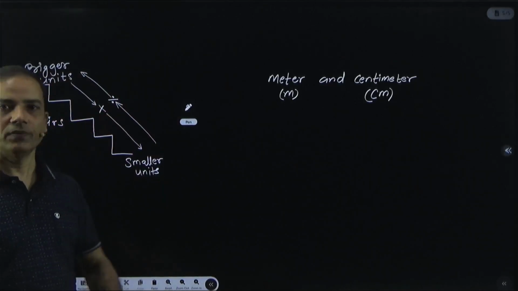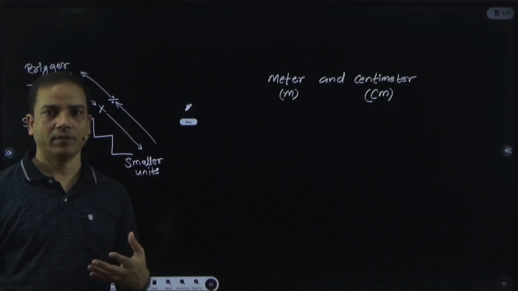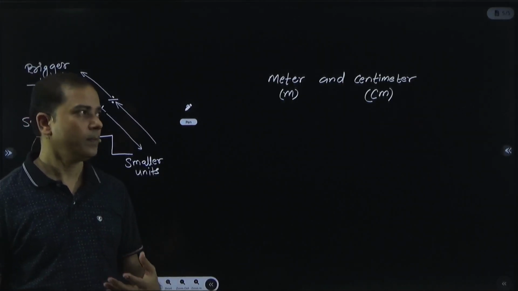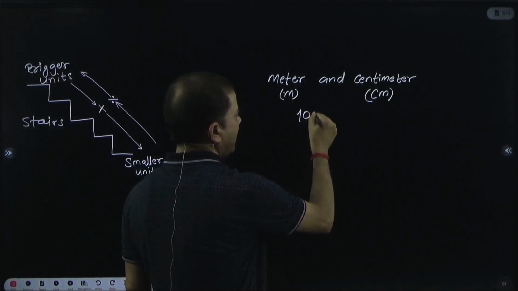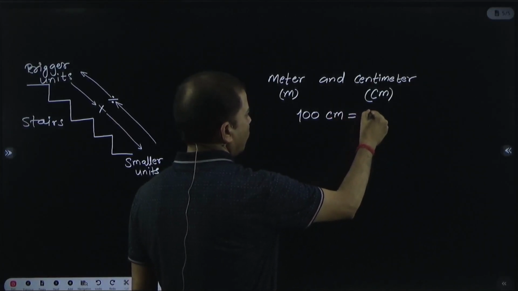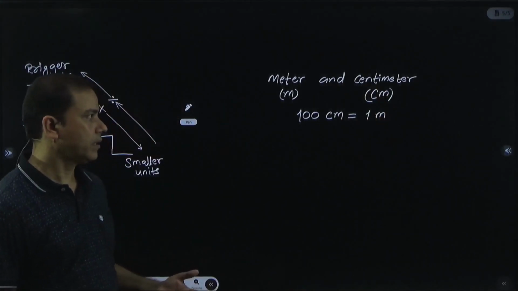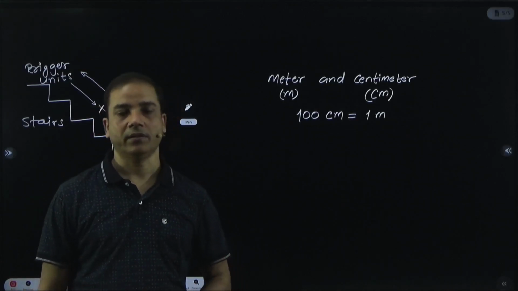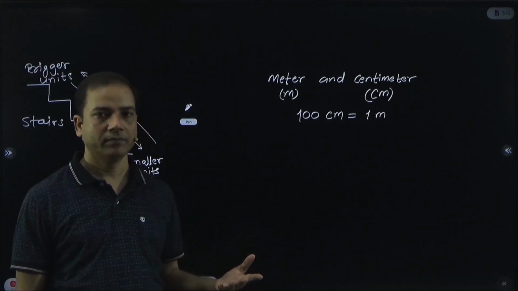Well, since we want to change one to another, we must know the relation between them. And what is the relation? Relation is 100 centimeter equals 1 meter. So which unit is smaller and which one is bigger?